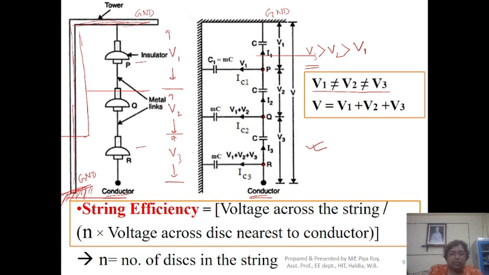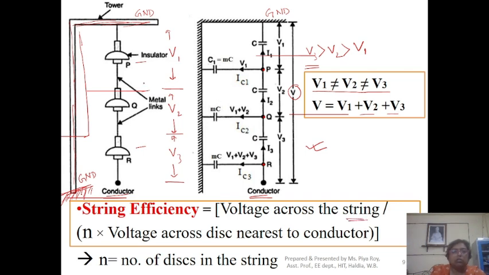Now string efficiency. Basically this is the string of insulators, so the voltage across the string, that is this V, should be equal to V1 plus V2 plus V3. Obviously the voltage across each insulator adds up, and that equals V, the voltage across the string, where the string is the string of insulators.